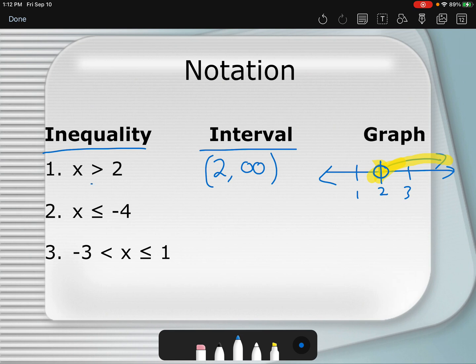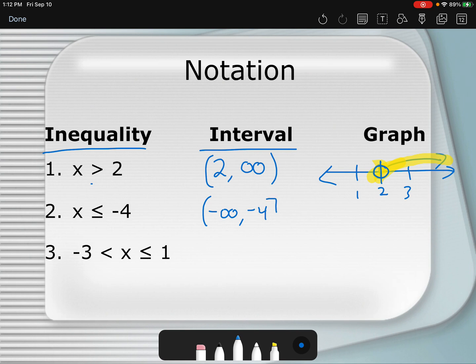Now interval notation, again, we'll go over this again in person as well. You can ask me while people are working on the FastBridge or Mrs. Coffee. The next problem says x is less than or equal to negative 4. If it's less than, that means clear to the left. So that would be negative infinity, which is left, up to negative 4.